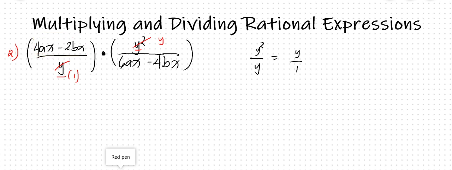So the factor form of 4ax minus 2bx are 2x and 2a minus b. Again, 4ax minus 2bx. So common factor is 2x, and then 4ax divided by 2x, that is equal to 2a, and then negative 2bx divided by 2x, that is equal to negative b.